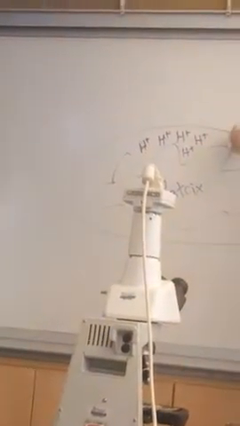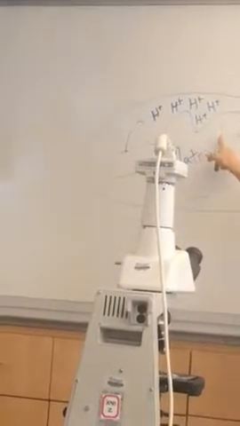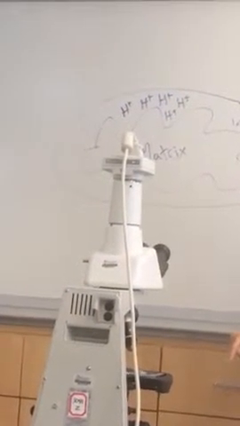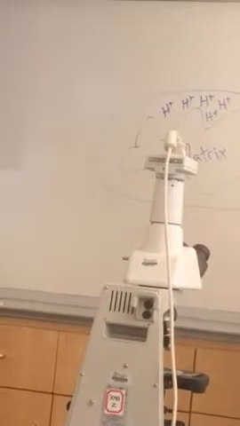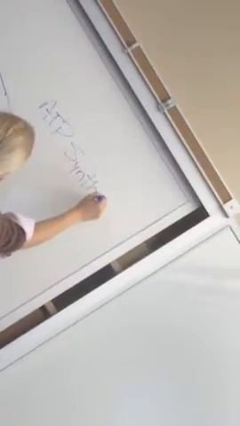They're not being pumped into the mitochondrial matrix. They're being pumped into this intermembrane space. There is only one way for these protons to get back into the matrix, and it's through a protein called ATP synthase. And I'll tell you about it in just a minute.